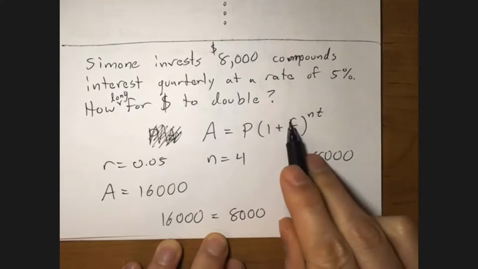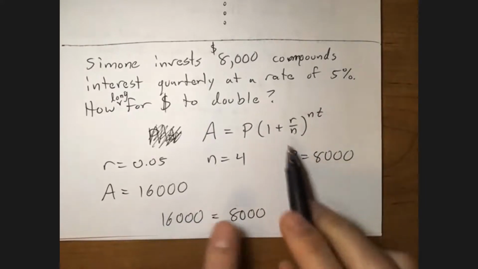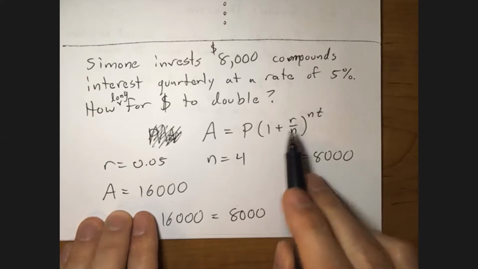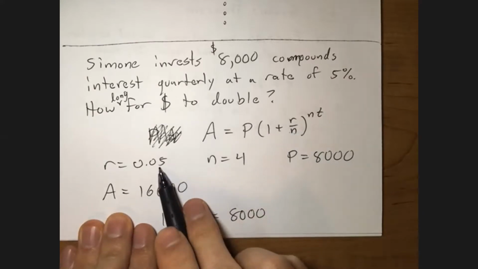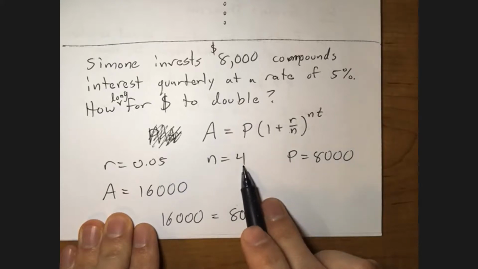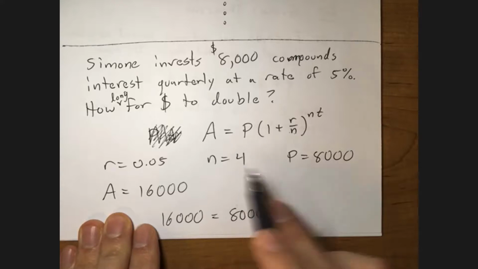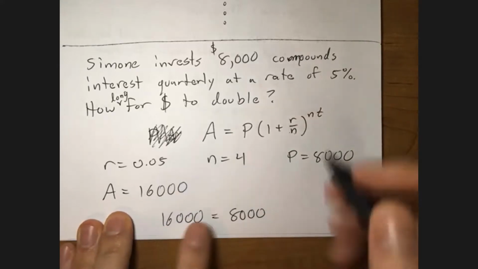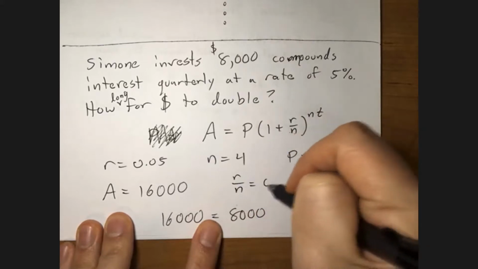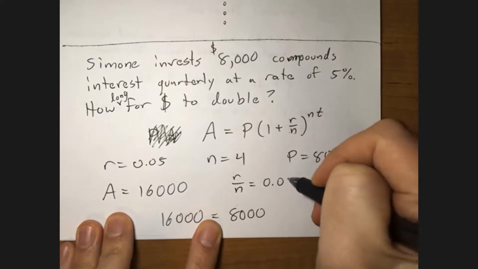1 plus r over n. Okay, so I'm going to do this all at once here. So r over n, 0.05 divided by 4, that's 0.0125.